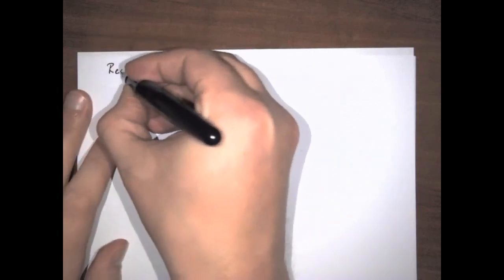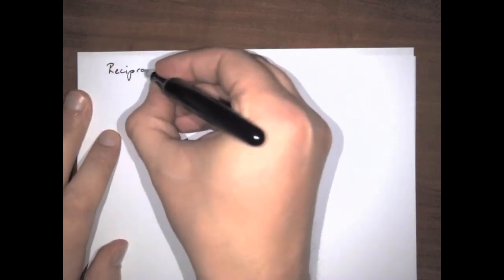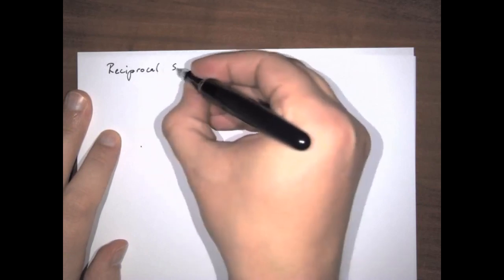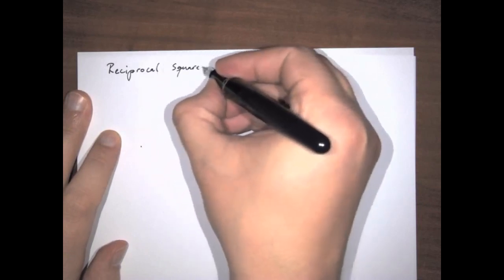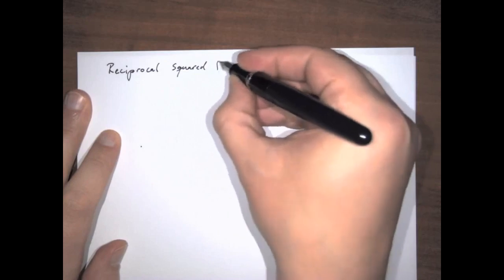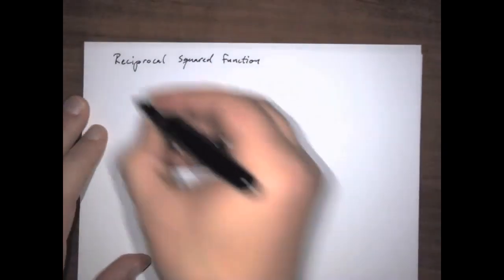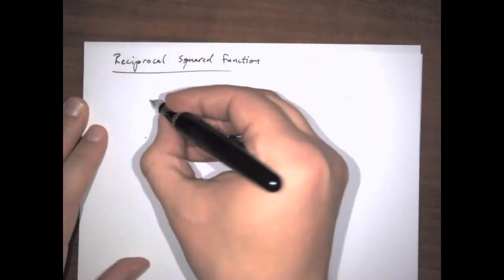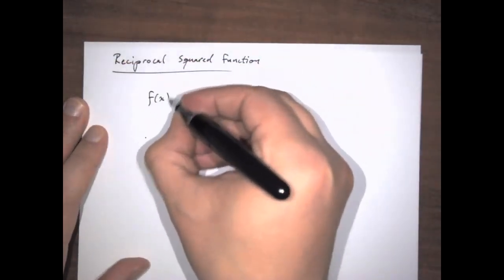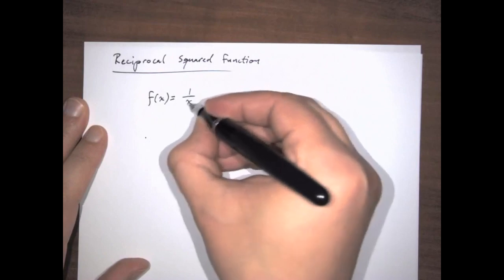And then we continue our gallery of horrors and get to the next one, the reciprocal squared function. And the formula here in question is f of x equals 1 over x squared.